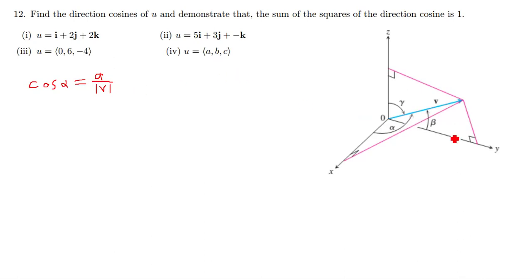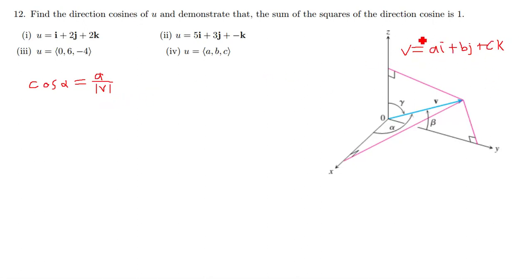So if v is equal to this vector in blue, v is equal to a i plus b j plus c k, you just get your a and then divide by the magnitude of this vector.